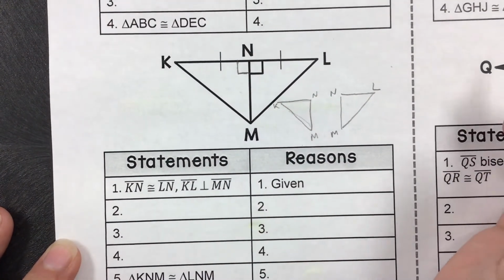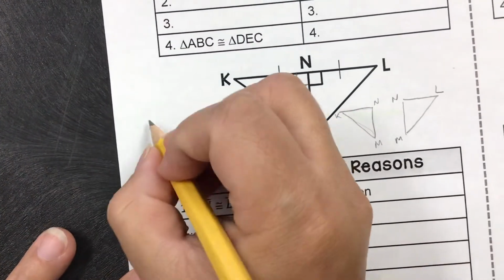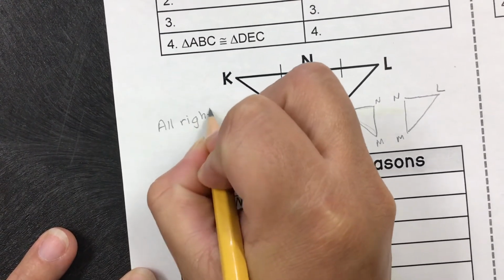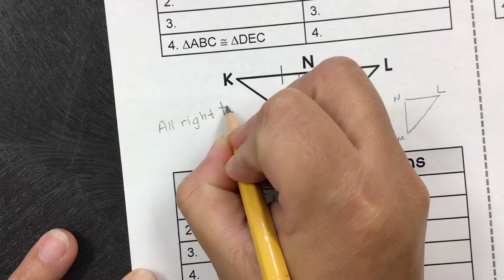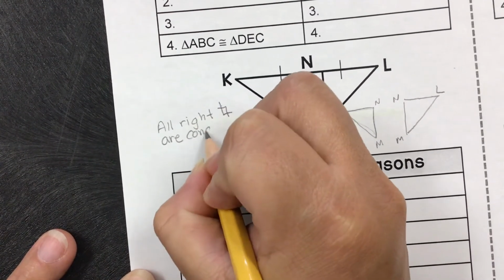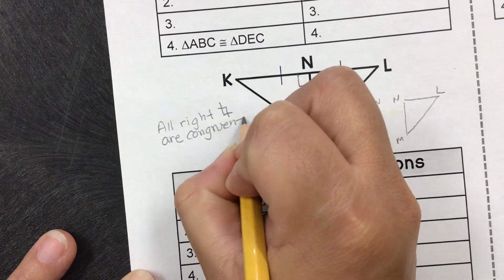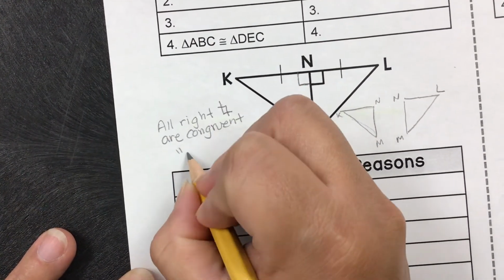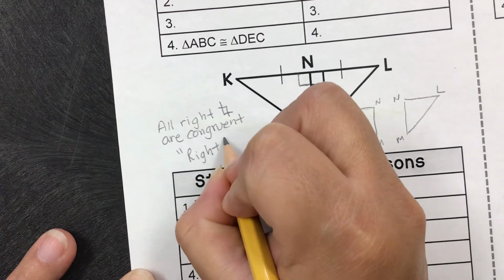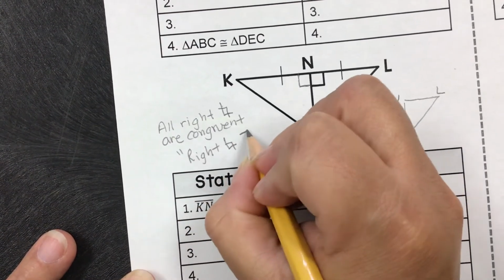There was a theorem a long time ago that said all right angles are congruent. We're going to call that one the right angle theorem.